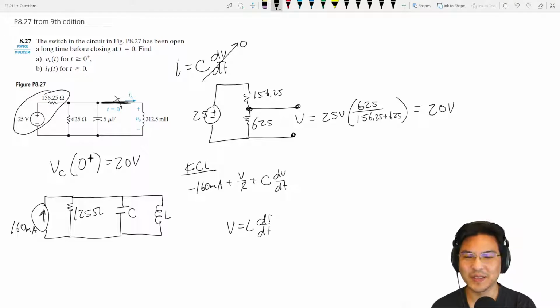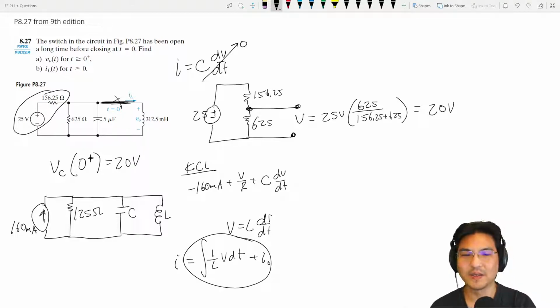So I move dt on this side, and then divide by L, and then integrate both sides. So I minus I naught equals this, so the current is all of this: 1 over L integral v dt plus the initial.